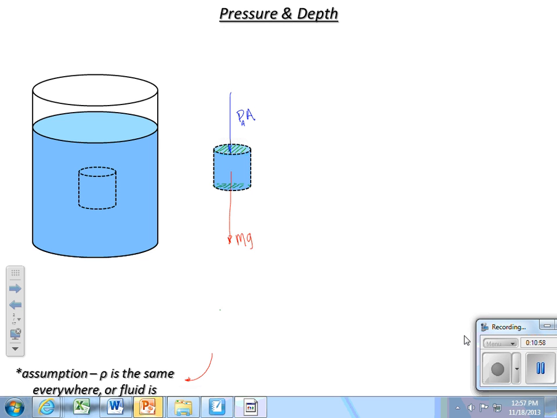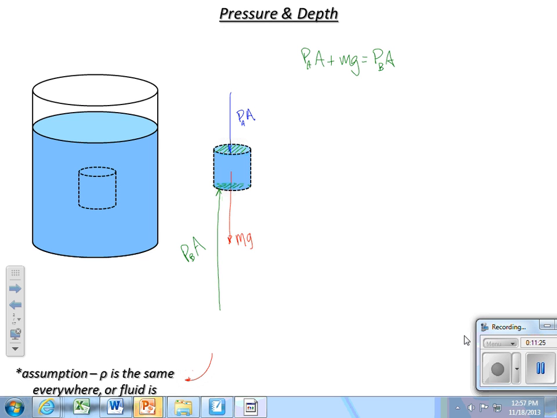It has to look like this, and I'm drawing it to scale. Pressure below times area. And if we do a simple net force statement here, we say that pressure above times area plus mg is pressure below times area. Okay? It keeps that part of the water from moving anywhere.